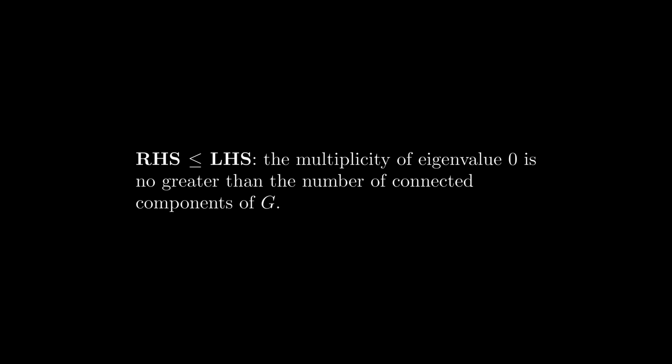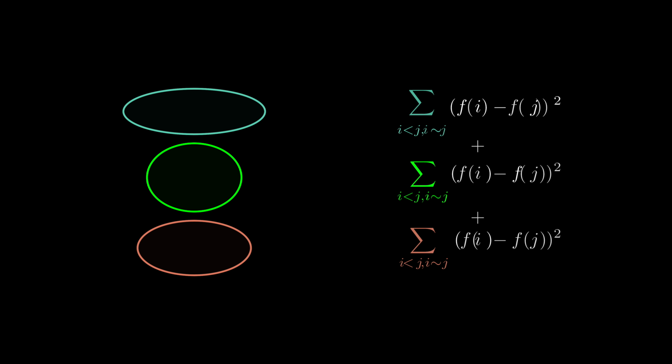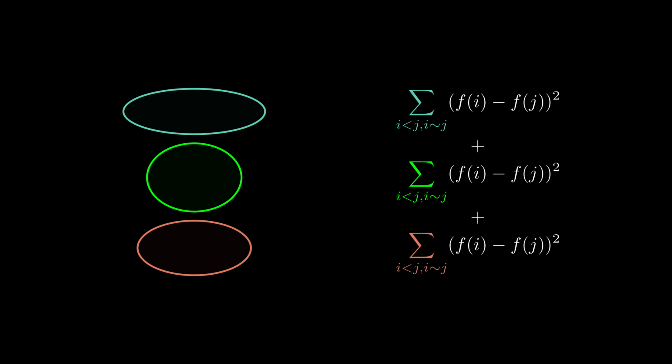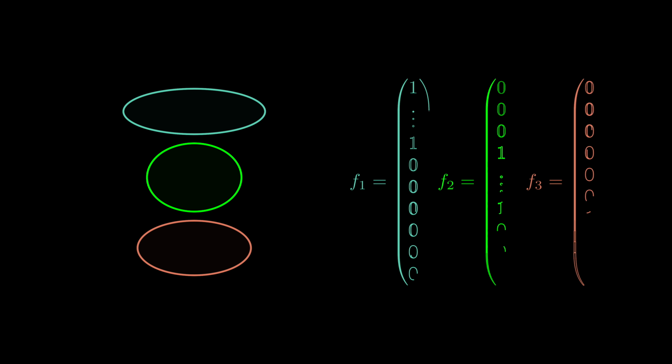Next, let's prove the opposite using contradiction. If there are k connected components, because the eigenvalue can be written as a sum of squares, therefore it can be written as the sum of k sums of squares. Each of them has to be 0, so we can construct k independent eigenvectors just as before.